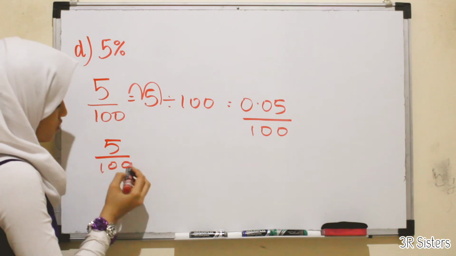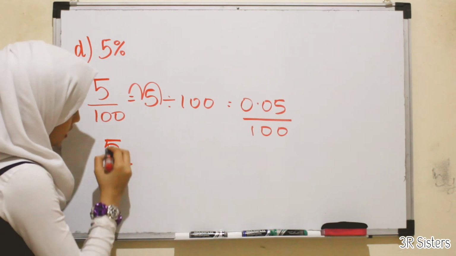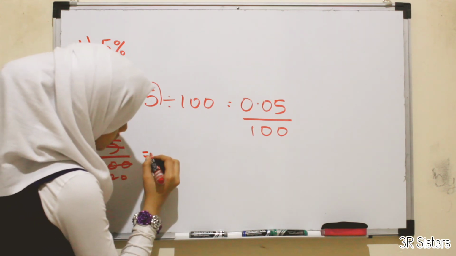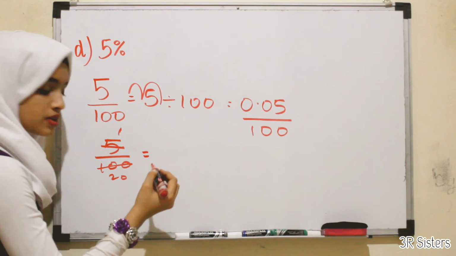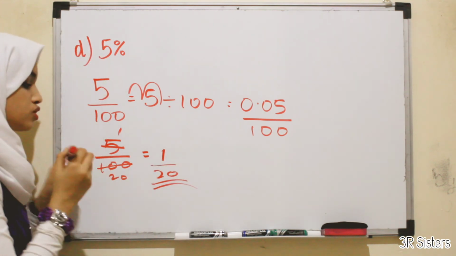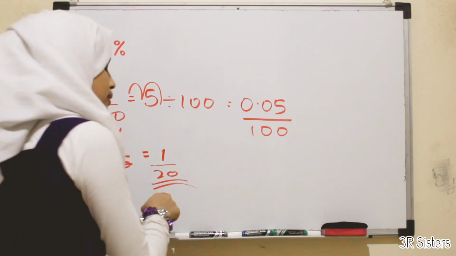Now this 5 by 100, we can cut it and write 20. This becomes 1. So the answer we get is 1 by 20. So 5 by 100 in its simplest form is 1 by 20.